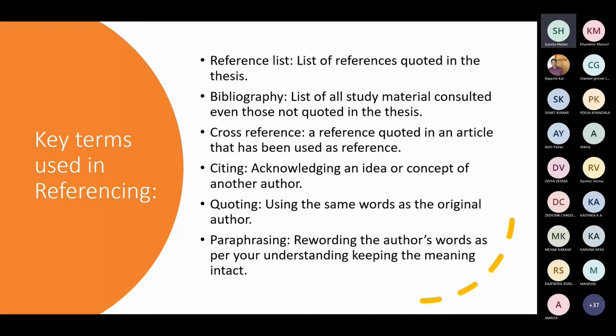And paraphrasing, which you will be doing, is that you reword the author's words as per your understanding, keeping the meaning intact. After the search of literature, you will be paraphrasing the author's words and incorporating them in your protocol.